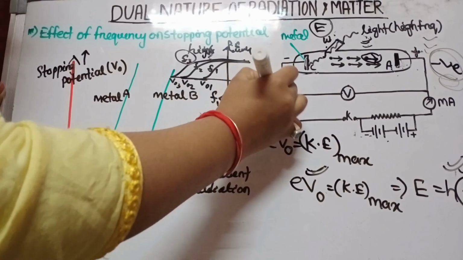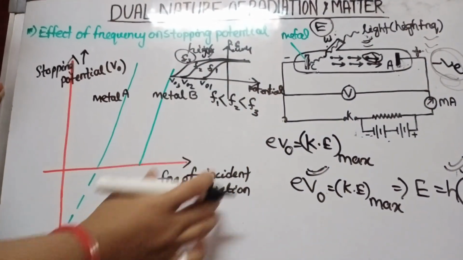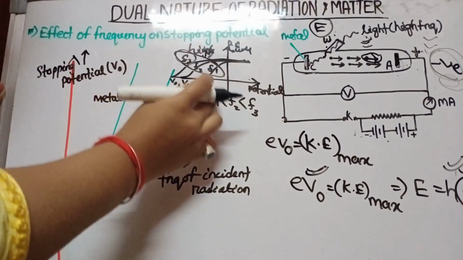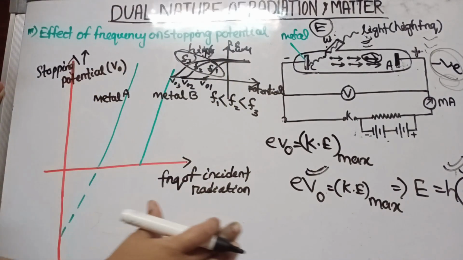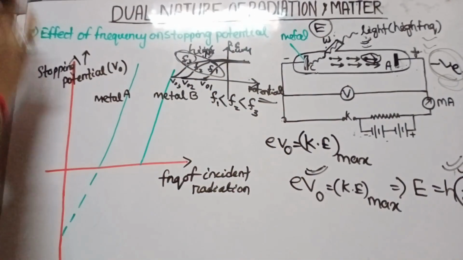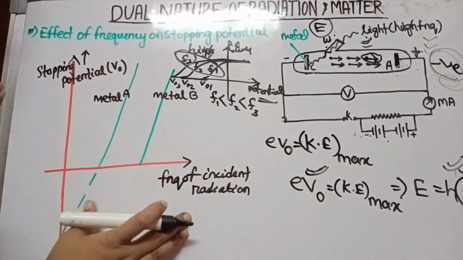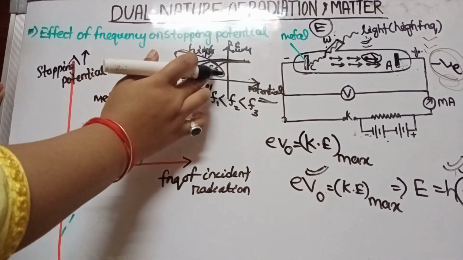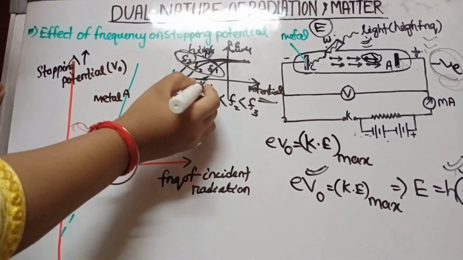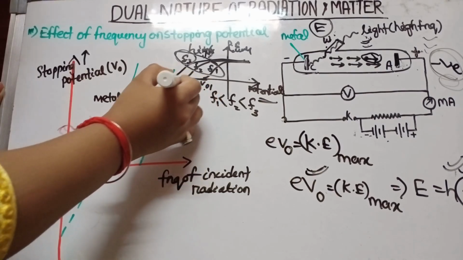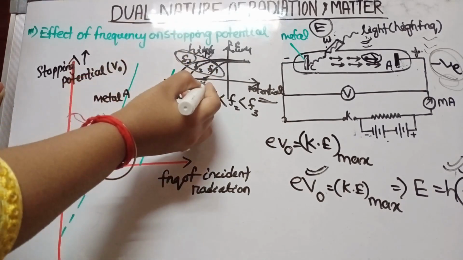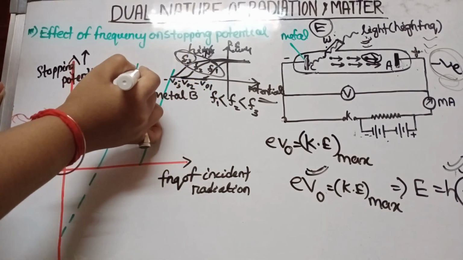We just take the reverse form. That means we take the frequency along the x-axis and the potential along the y-axis and see the graph. As we increase the frequency gradually, the stopping potential, V0, V01, V02, V03, gradually increases.